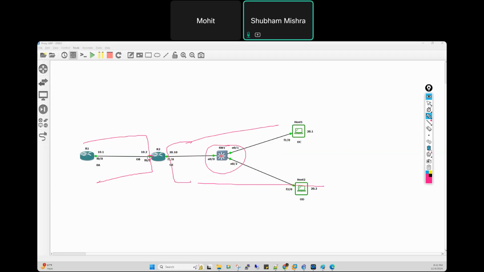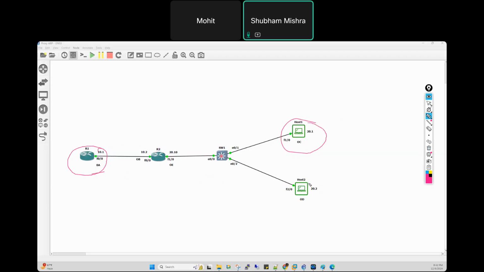Clear? Understand? Now here we configure 10.1, here we configure 20.1 and 20.2. Now if I ask you what will be the packet flow if I ping from R1 to here, fine. So for example, if you write here ping 20.1, what will be the source IP address?